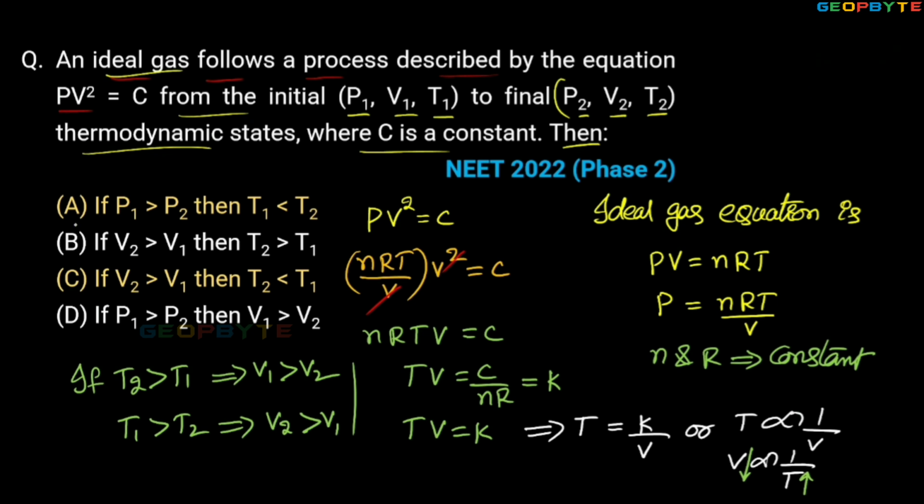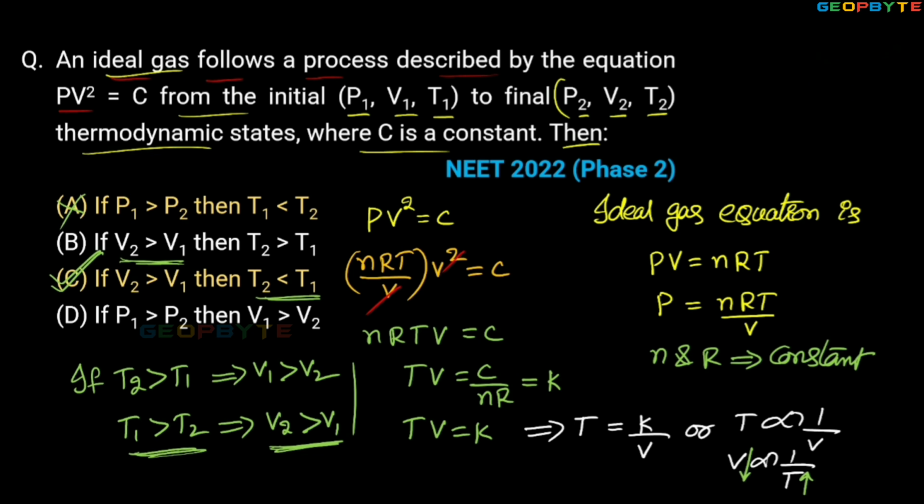Okay, look at the options. So A is not correct. If V2 is more than V1, then T2 is less than T1. Option C is absolutely correct. T2 less than T1 means T1 is more than T2. Option C is absolutely correct.